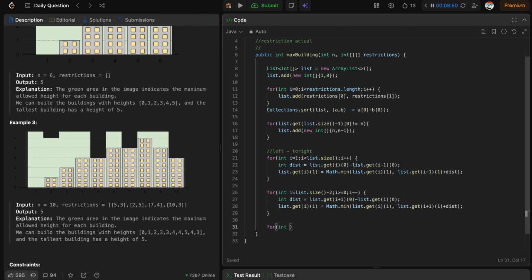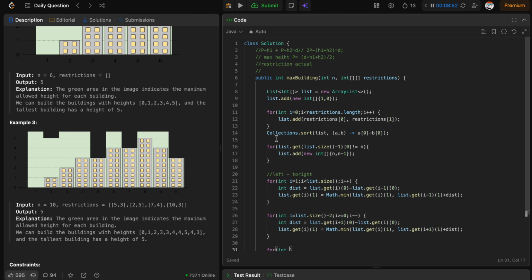Now next, we need to find the real distance, which solves the problem, that is the height peak. So we need to go for every restriction and then find out between these two, what will be the peak we can achieve from here to here.